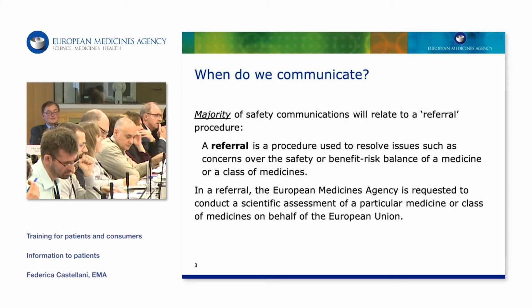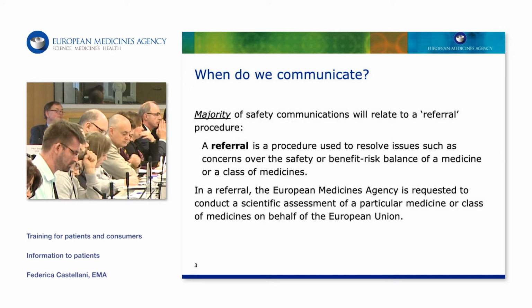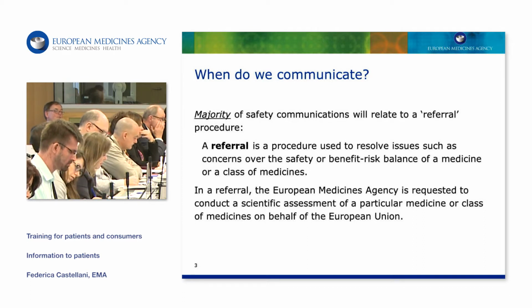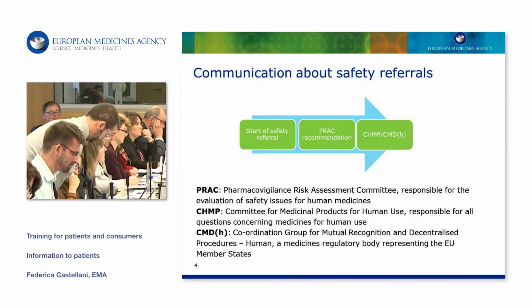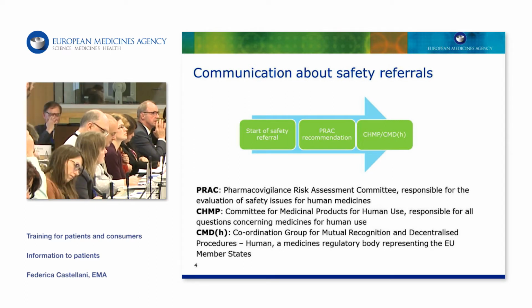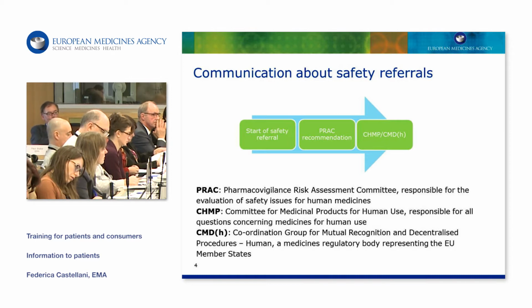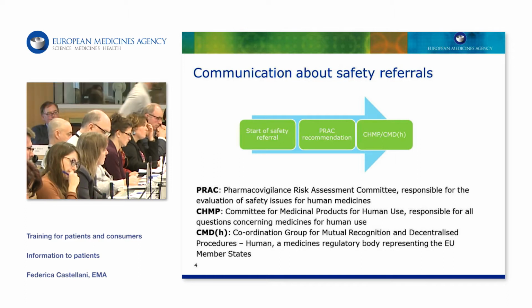We do communicate also outside the referrals, so not all safety communication will be in relation to this procedure, but this is usually now the way safety issues are handled. For this type of procedure, there is a specific process that has to be followed, and in line with the increasing transparency of the agency, we now, for example, communicate on referrals at the beginning of the referral.